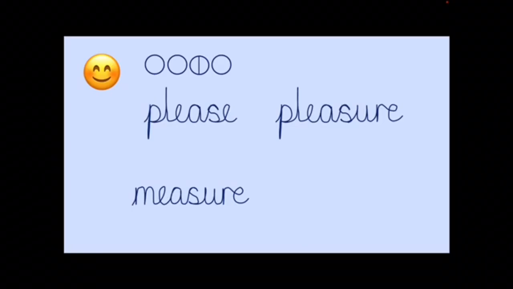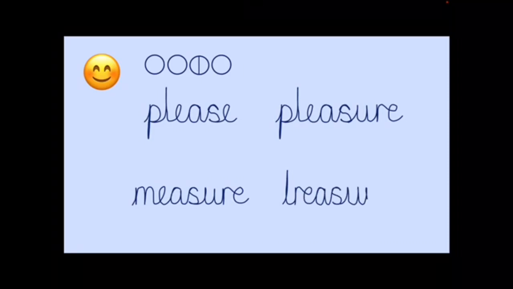Measure. How about treasure? We have another consonant blend at the beginning. T, R, E, we're spelling E-A, then zhur, S-U-R-E. Cross the T and we've finished.